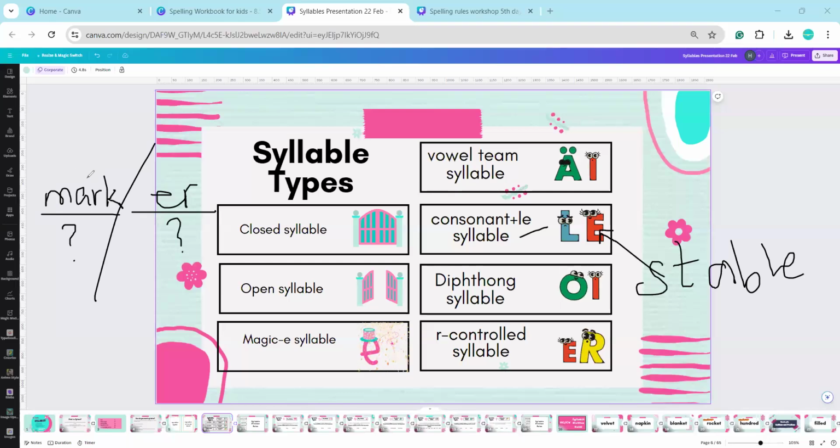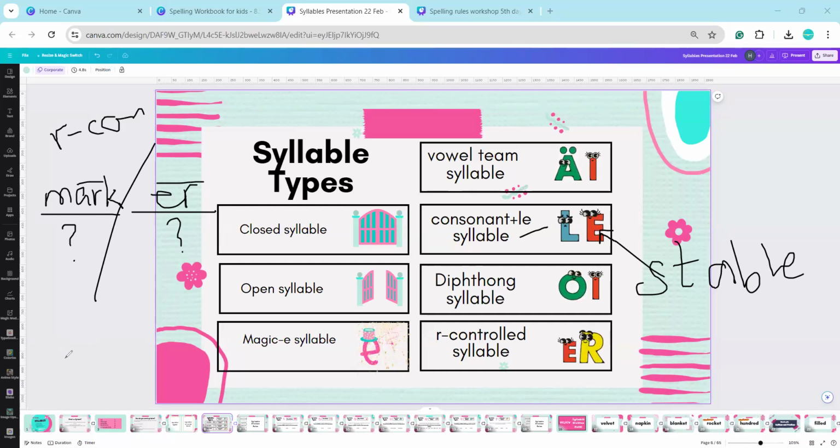Which syllable is this? You can say that this is an R controlled vowel syllable, or even that it is a closed syllable. But R controlled vowels have nothing to do with closed syllables. I will explain this a bit more to you. And this is a pure R controlled vowel syllable. Right? So these are the names of syllables.